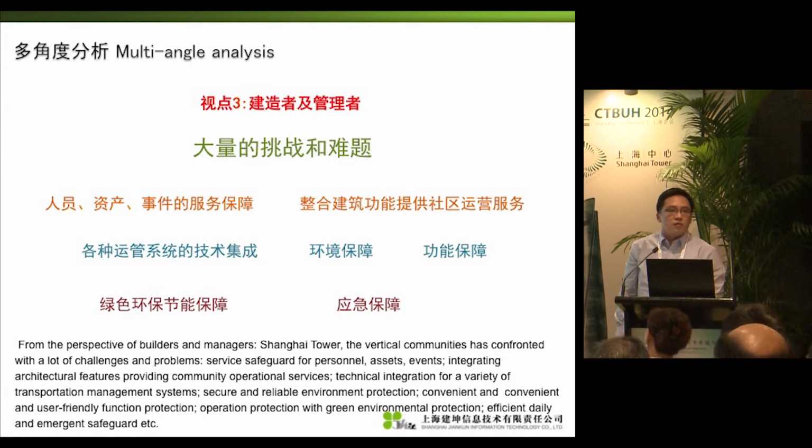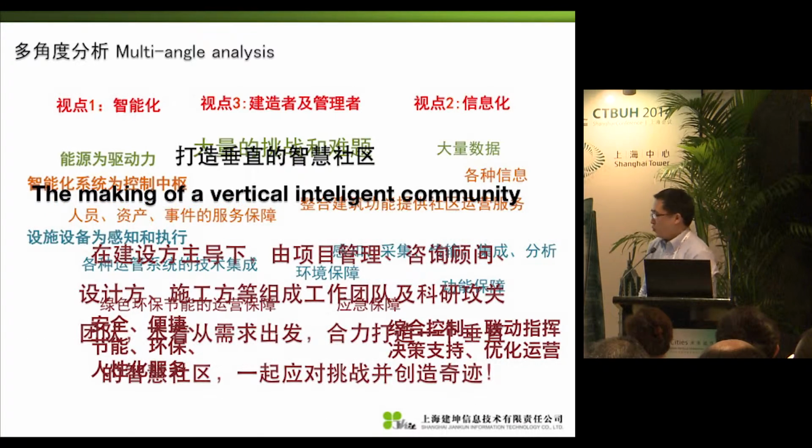We also have to give a lot of priority to green and environmental technologies, and also provide contingency plans. So with intelligent and information-based technologies, we have the responsibility to address all these issues. Our final goal is to build a vertical intelligent community.